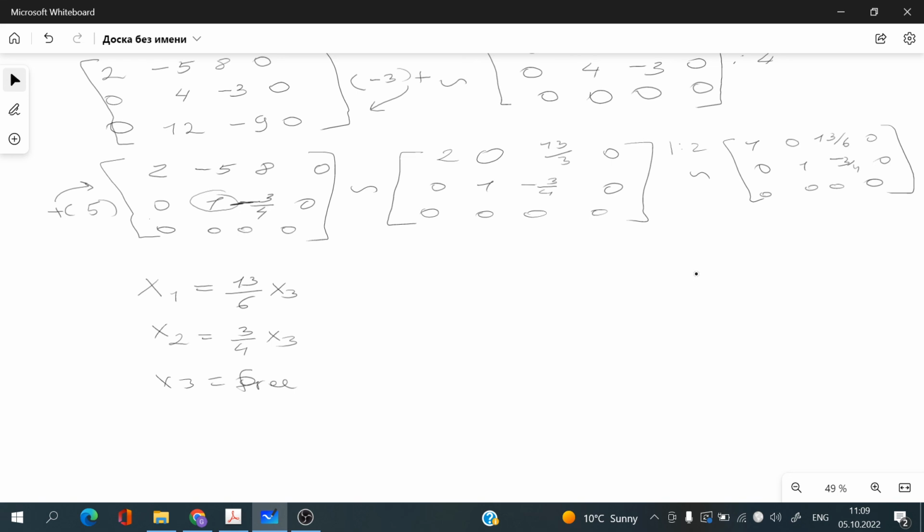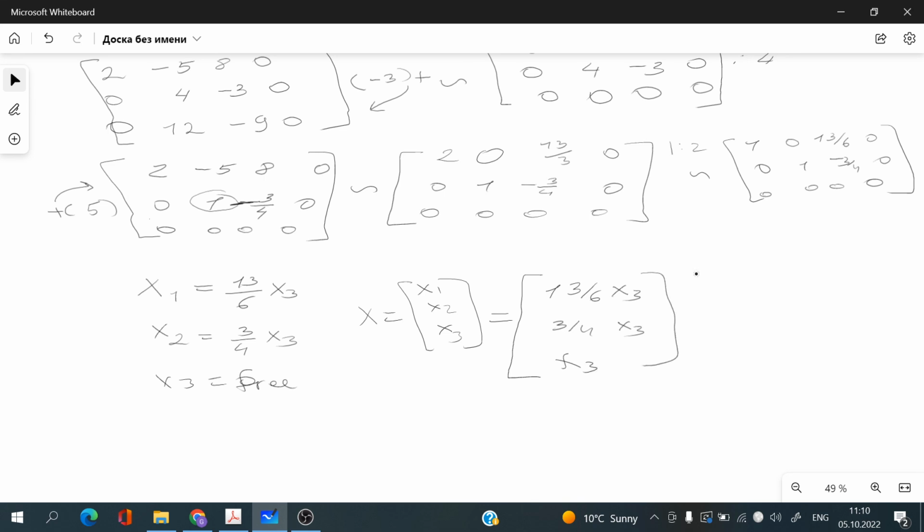And now what we do is x equals, as I will say, (x1, x2, x3), and let's express it in this form. Let's substitute, oh, sorry, 13 over 6 x3, here is 3 over 4 x3, here is not 0, sorry, x3.